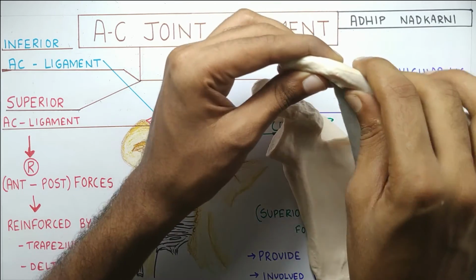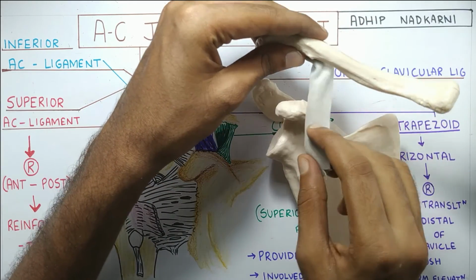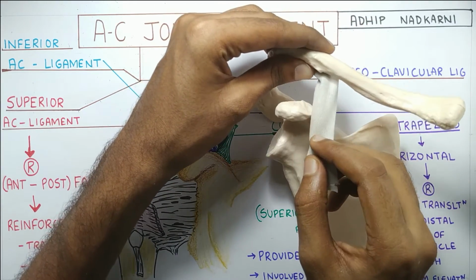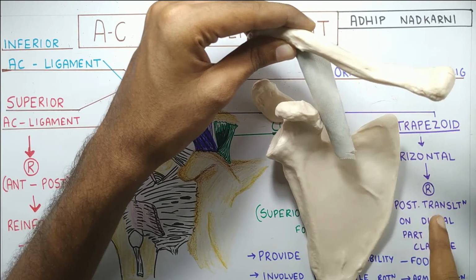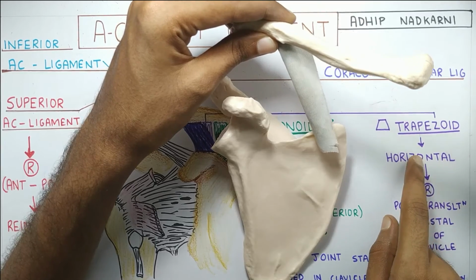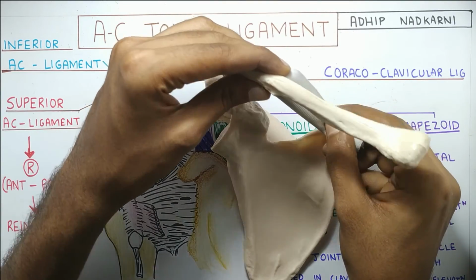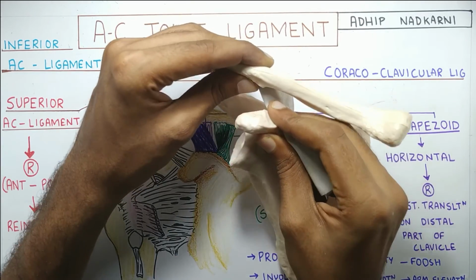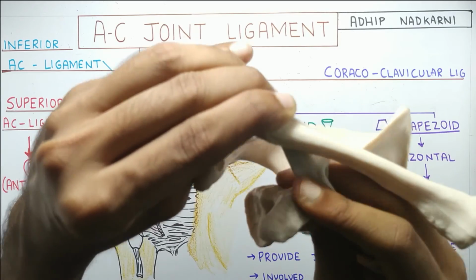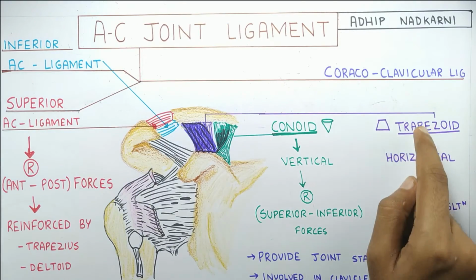The AC joint is over here, articulating like this, and when it is attached to your coracoid like this, vertically, it will prevent vertical or the superior forces. Whereas if it's in the horizontal direction, that is this direction, what will it prevent? It will prevent antero-posterior movement. So if it's horizontal like this, it will prevent it from going posteriorly. See, if you can see, it will prevent it from going posteriorly, and that is the function of your trapezoid ligament.